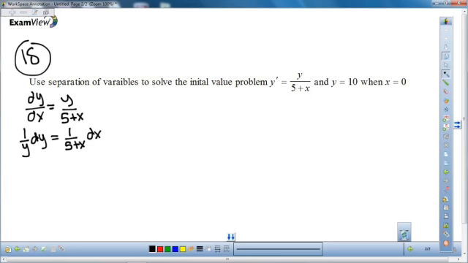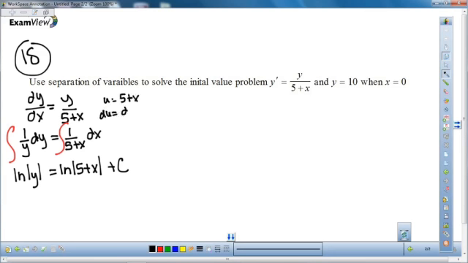If I take the antiderivative of both sides, I'm going to have ln of y equals ln of 5 plus x. I'm using u substitution, because when u is 5 plus x, du is just going to be dx. So that's why I'm not multiplying by anything.